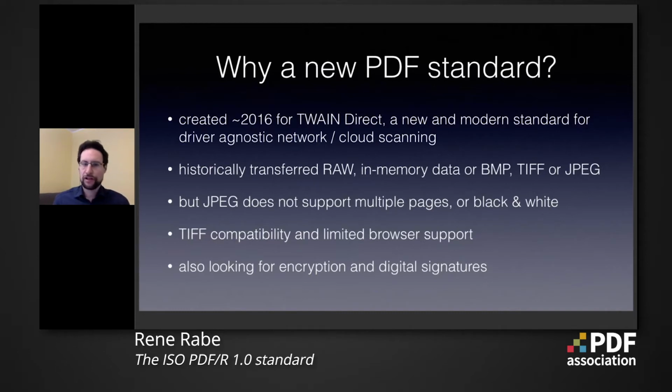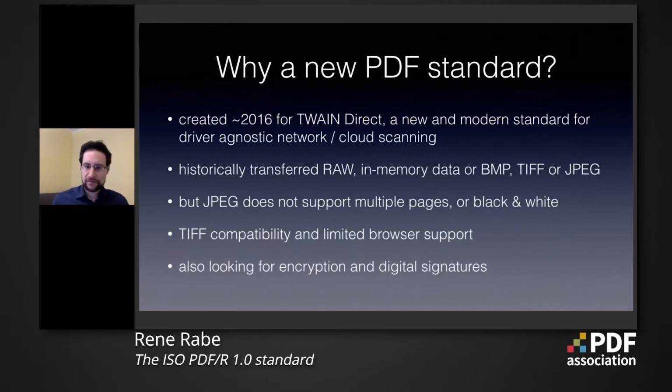Historically, those kinds of drivers, even today on your Windows machine, transfer the data raw, often in memory, in a very low level way, or alternatively Windows bitmaps and TIFF and JPEG. Windows bitmaps and TIFF because it's such an old standard. And we could, of course, just have used JPEG and TIFF, but both of them have some problems for our use case.